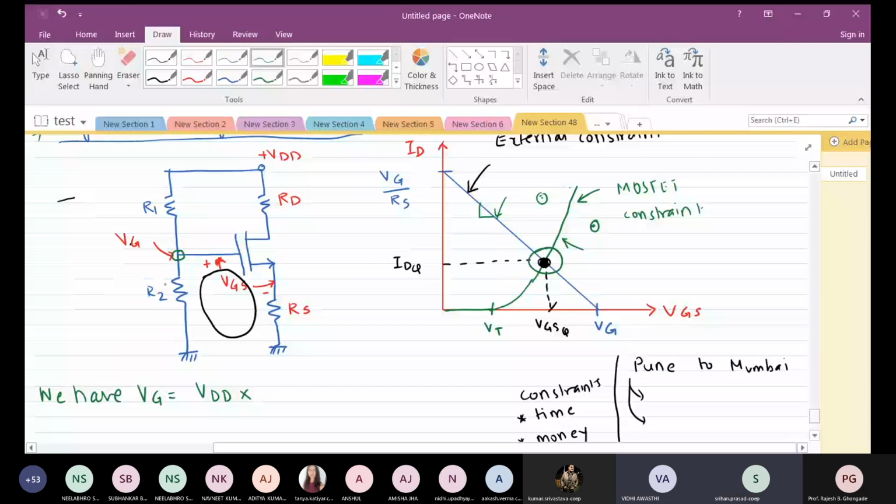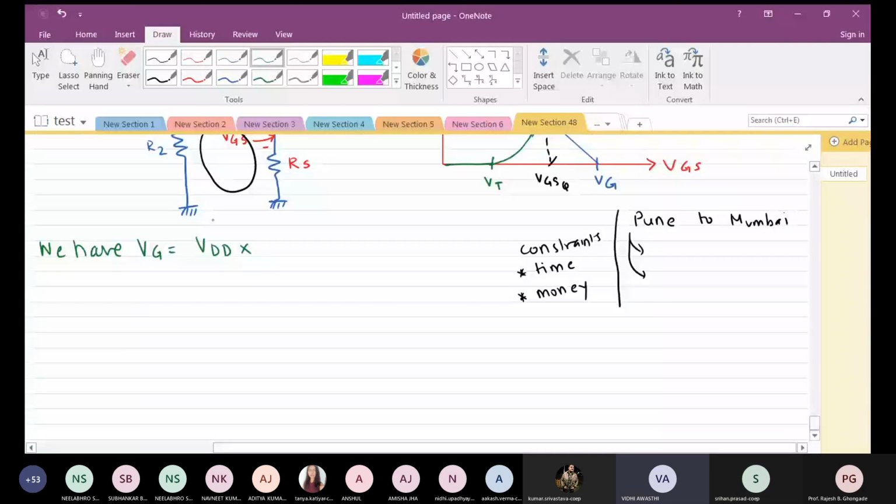It is the potential divider or voltage divider equation. We have seen this n number of times till now.